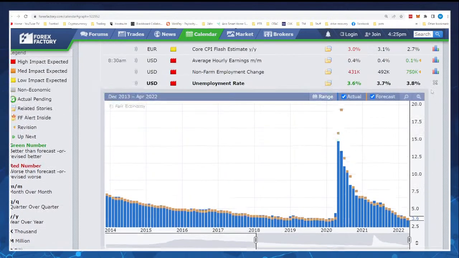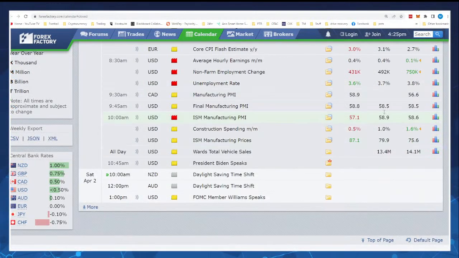So I wanted to start there because all three pieces, JOLTS job openings, ADP non-farm employment change, and the unemployment rate, are basically saying the job market's good. So you can't have the stagflation argument at all if unemployment is dropping as sharply as it is. Granted, it could be manipulated, but hey, let's just look at the data.